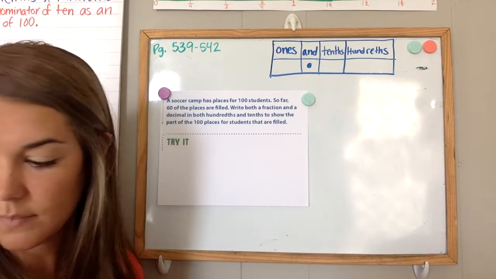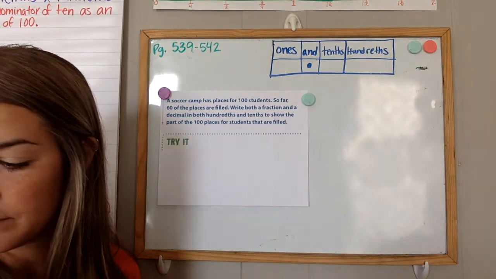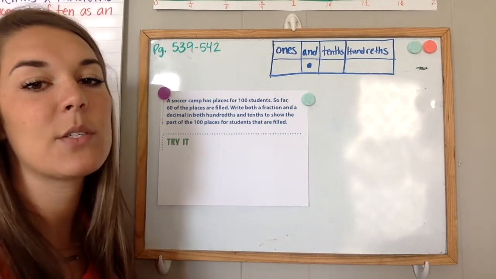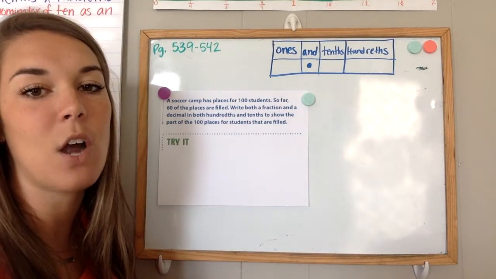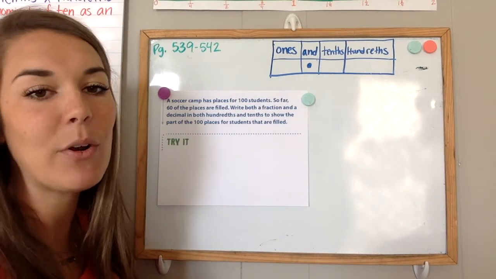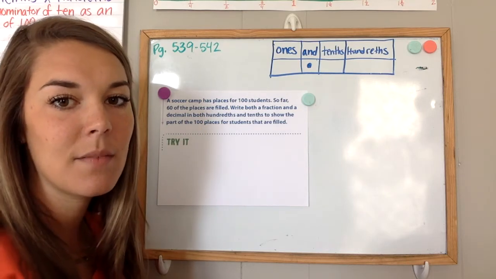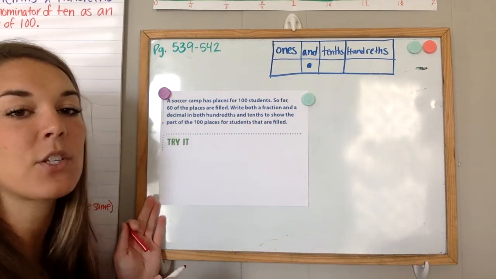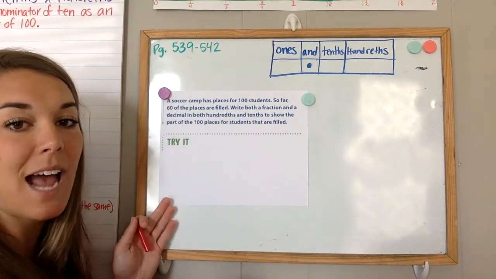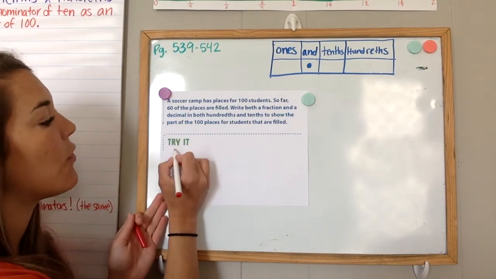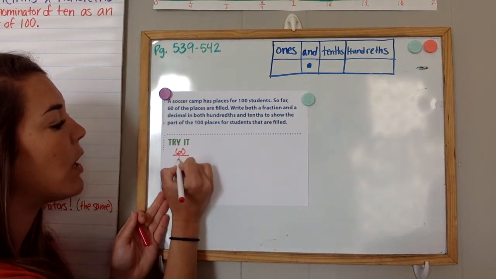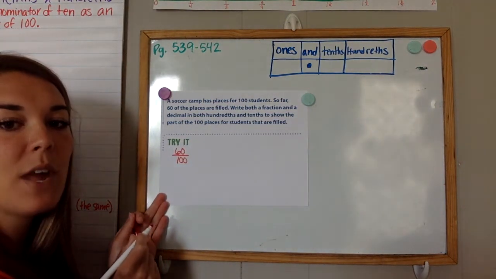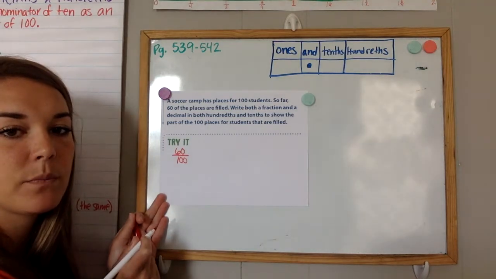First let's write our fraction because we're more familiar with that. It says 60 of the places are filled. 60 out of how many, guys? 60 out of 100. I know when I write a fraction, the bar means out of. So I have 60 out of 100. It wants me to write that as tenths too.